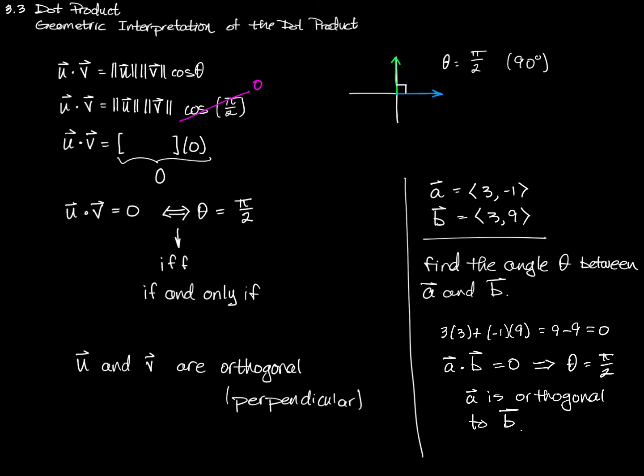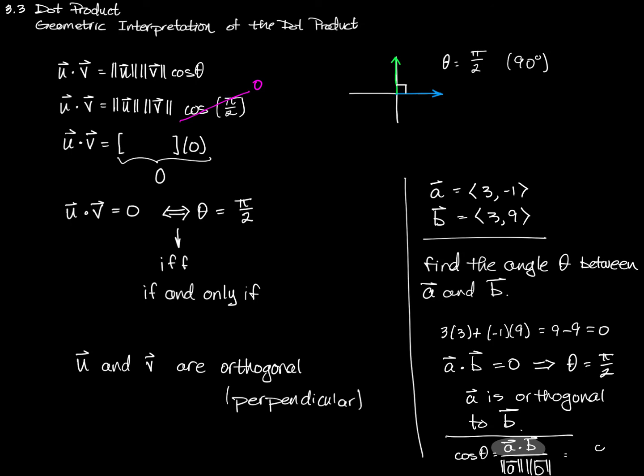If I figured out what the magnitudes were, if I had gone to the trouble of doing that first, I would find, let's see, I'm going to write this version of the formula here. Cosine theta equals A dotted with B over magnitude A times magnitude B. And what I've just found is that this value right here is 0.